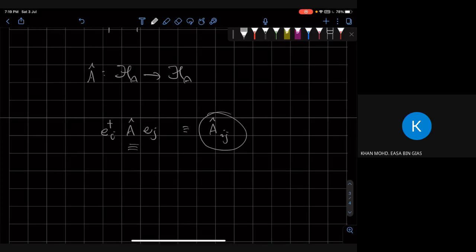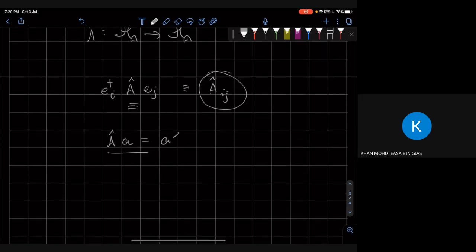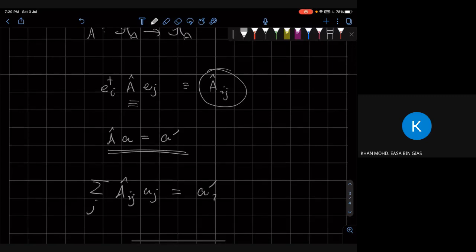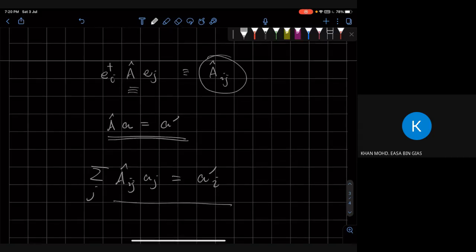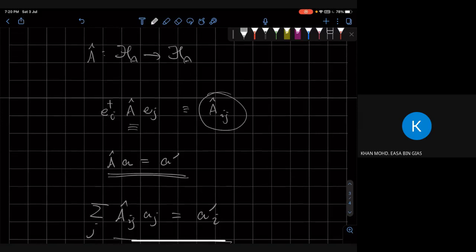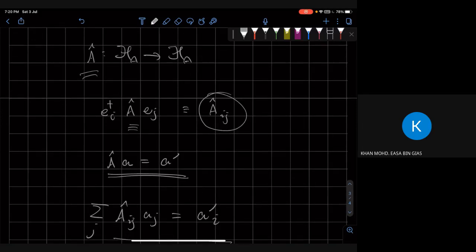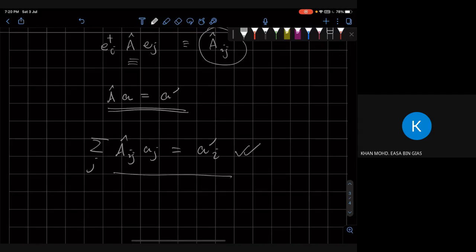Okay, so when A acts on some vector and gives me, say, another vector A prime, in this basis, this equation reads like the following: A, the matrix Ij, acting on the column vector J, where we are summing over J, gives me the column vector A prime, its element I. So this is a matrix multiplication, right? There's a linear transformation. So a linear operator becomes just a matrix in a particular basis.